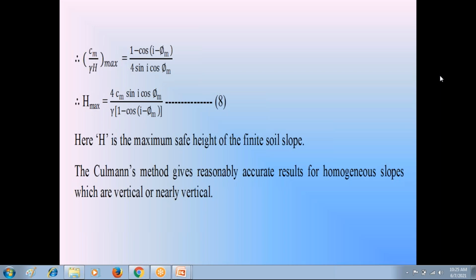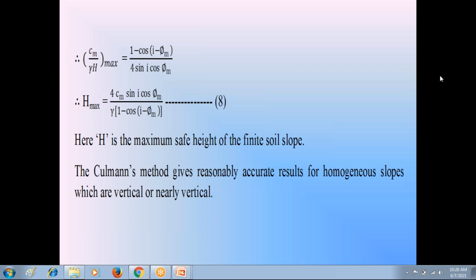From that we got the maximum height of the soil slope: H maximum is equal to 4 Cm into sine i into cos phi m divided by gamma into 1 minus cos of (i minus phi m). This is the maximum height of the finite soil slope in that structure.